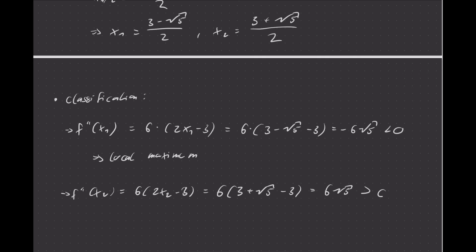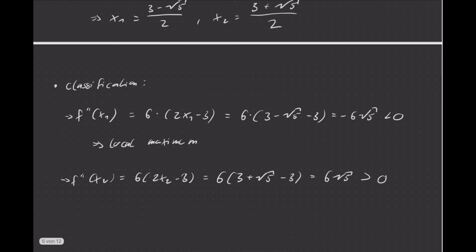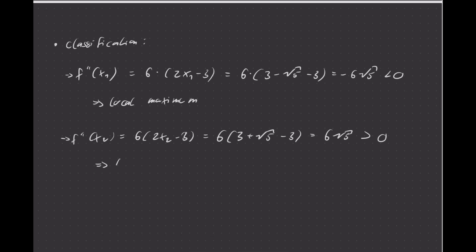And that surely is positive. So again, non-zero and positive. And that means we have a local minimum here. Okay, so in this case, we can classify those into local minima and local maxima.